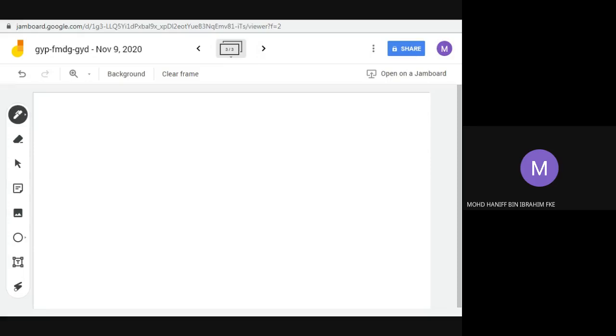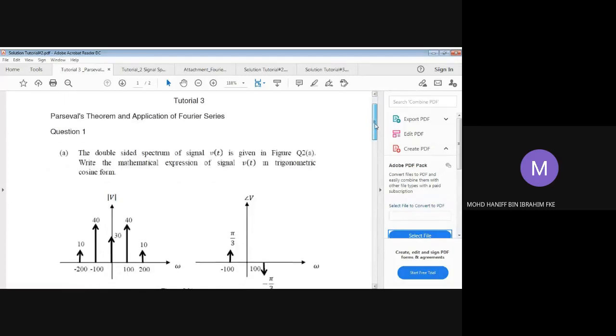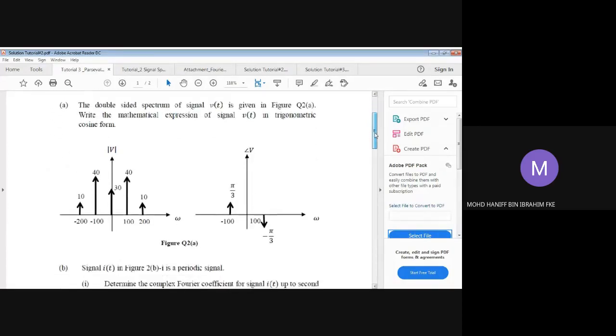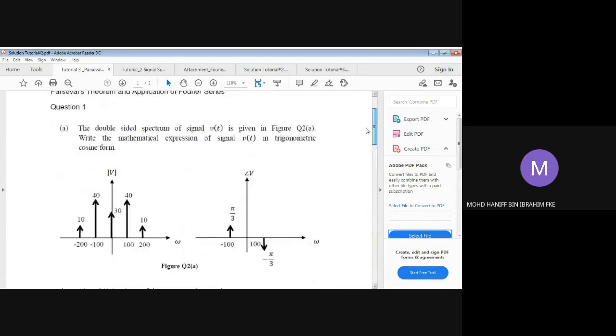Okay. So if there's no question for tutorial number 2, I'm going to proceed now with tutorial number 3, which is on Parseval's theorem and application of Fourier series, which have been learned yesterday. So any questions? We have 3 questions altogether.